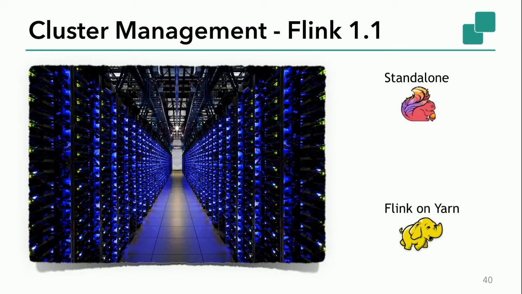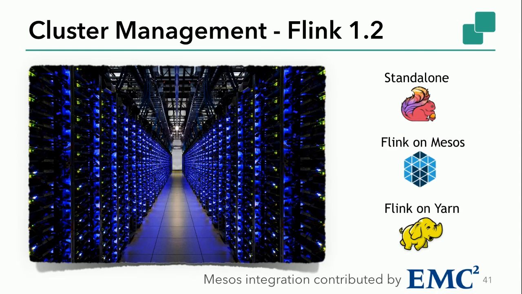In 1.1, Flink supported standalone clusters with our own native Flink cluster solution, which is very simplistic, and Flink-on-YARN. In Flink 1.2, EMC contributed Mesos support. But in all these cases, really all that's happening is you have a standalone Flink cluster running in YARN or a standalone Flink cluster running in Mesos.